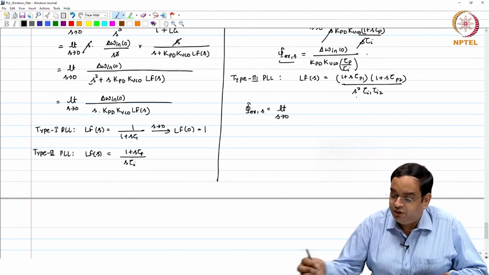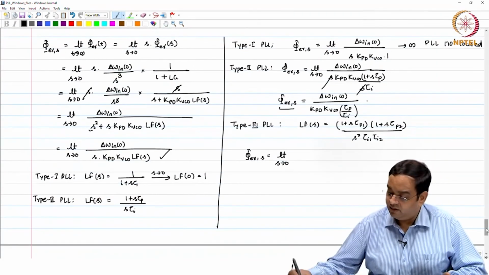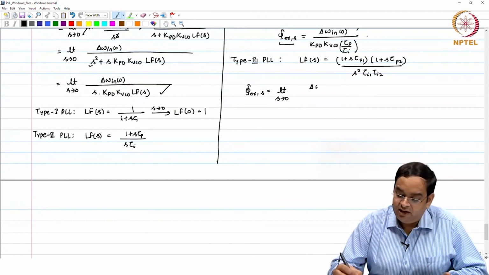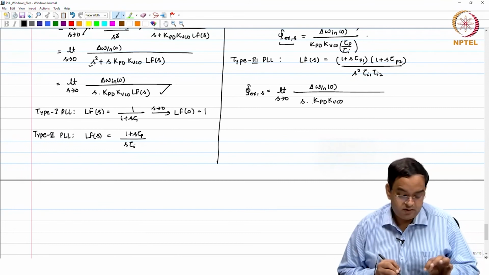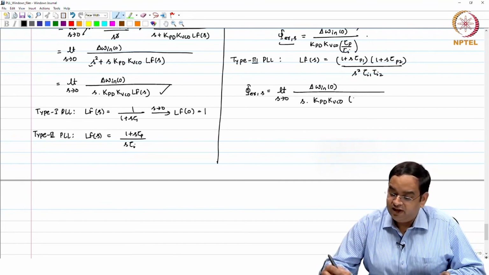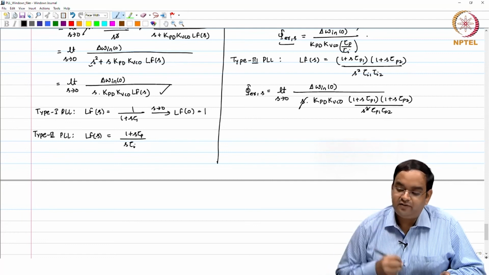So, as S tends to 0, we will use the simplified expression which was given here, right. You have delta omega in 0 divided by S times KPD KVCO, into loop filter of S. So, I will put this as (1 plus S tau P1) into (1 plus S tau P2) divided by S square tau I1 and tau I2. So, this goes off.